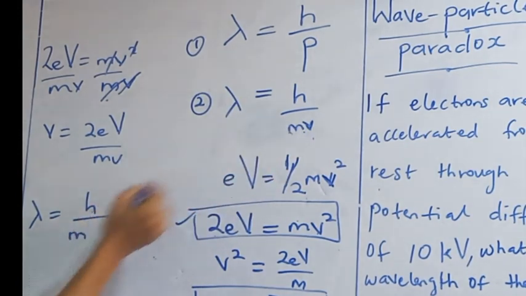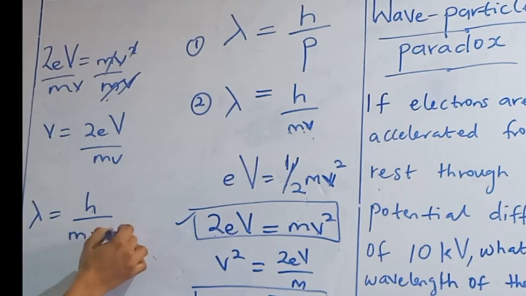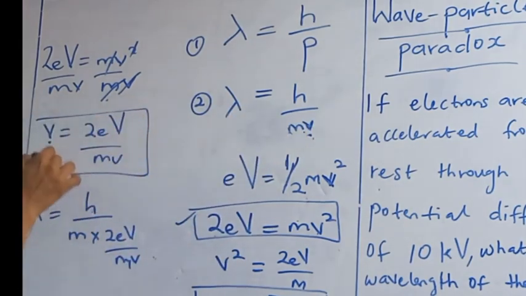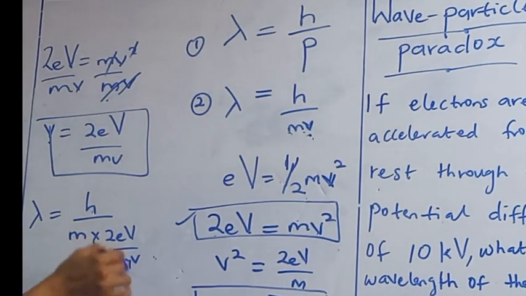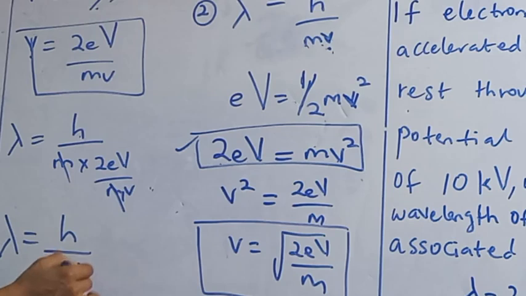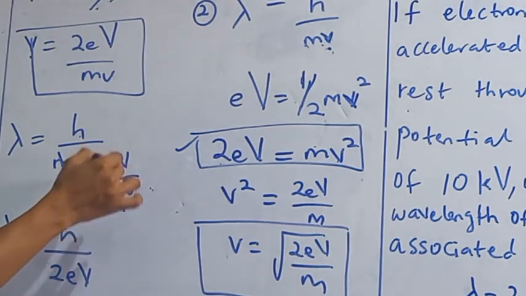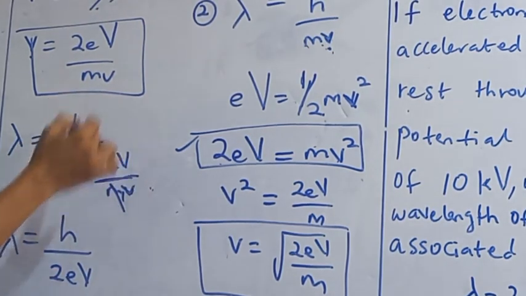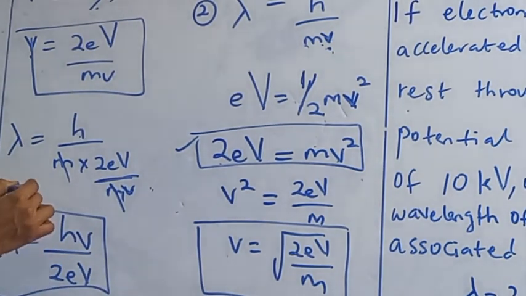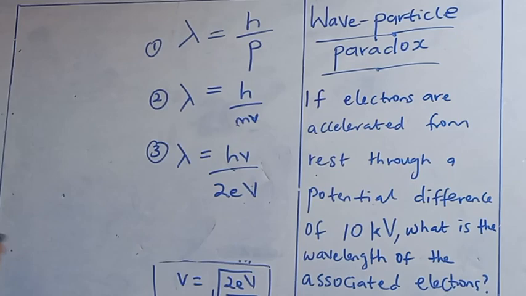Instead of v, we'll put 2 electron volts over mv. That's this v. We have replaced it with this. And at this point, m can cancel m, so that lambda will be h over 2 electron volts. We have gotten the number 3 formula. This is number 3. We have derived 3 formulas.